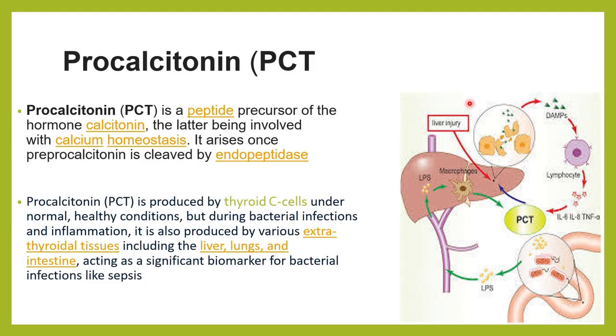But if there is a bacterial infection and inflammation, it can be produced by various extrathyroidal tissues also. Your liver, your lung, your intestine can produce procalcitonin. So this acts as a significant biomarker for bacterial infection like sepsis.